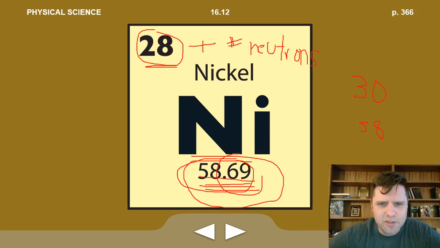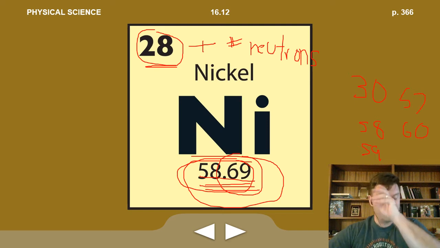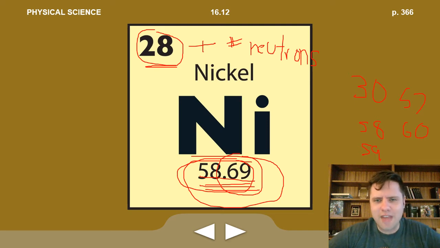So how do we get to this 0.69? Well, there must be various forms of nickel, or isotopes, that have different numbers of neutrons, meaning that there might be nickel 59, nickel 60, nickel 57, and then there might be different amounts of each of those types of isotope. So all of those are averaged together to give us this number of 58.69.